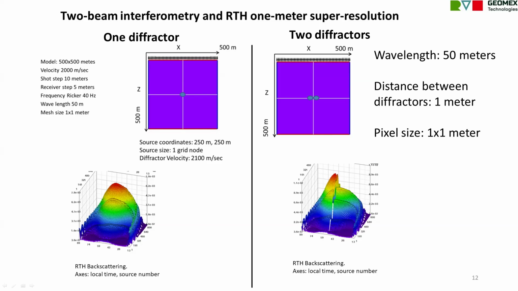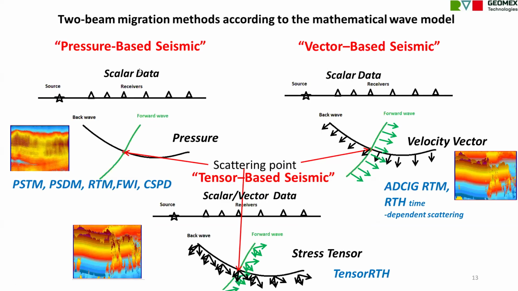I can repeat, starting with the first part of the introduction. So, two-beam migration method according to the mathematical wave model. If you use pressure at this point, as in pre-stack time migration or depth migration, I call this pressure-based seismic. We use vector to vector, as in our case.